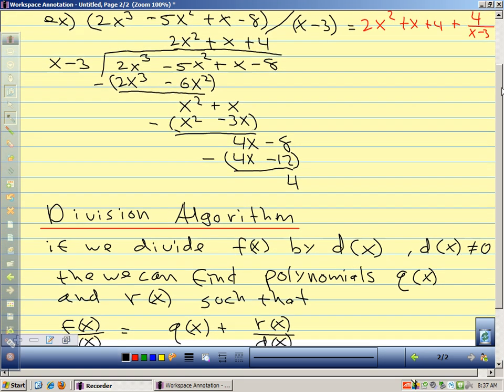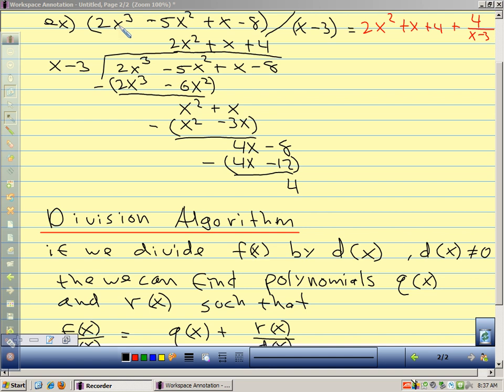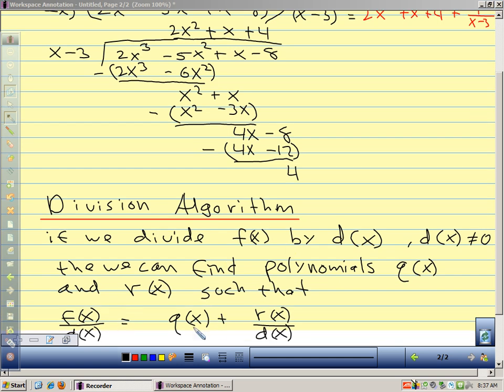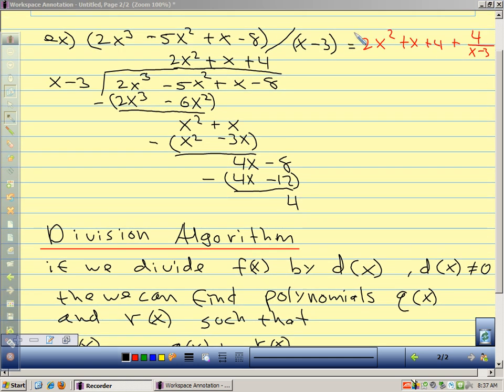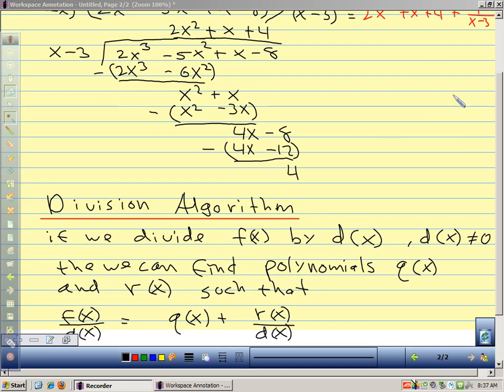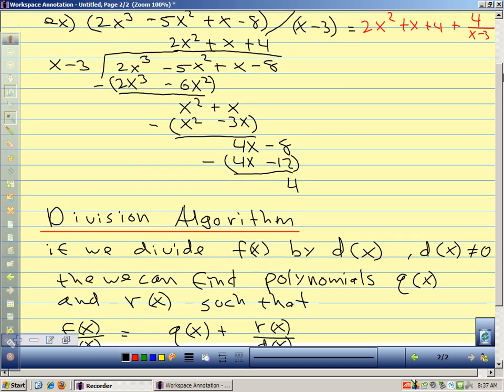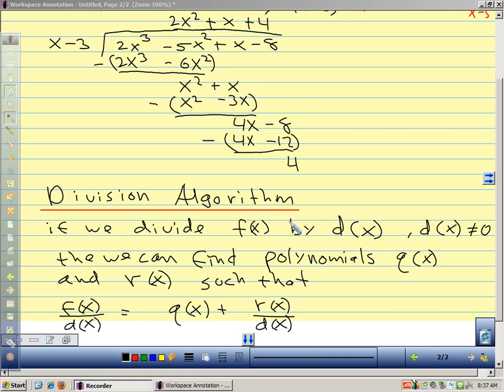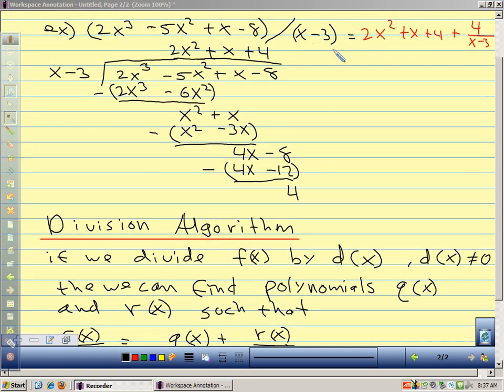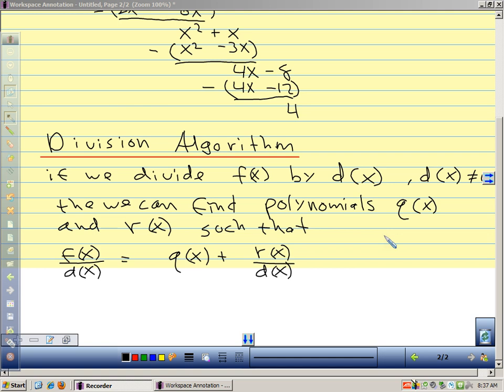We said that f of x was 2x cubed minus 5x squared plus x minus 8 divided by x minus 3. So that's what we have here. Q of x is some function 2x squared plus x plus 4 plus our remainder, which is 4. And sometimes our remainder might be a function of x divided by our divisor. And again, f of x we call the dividend.